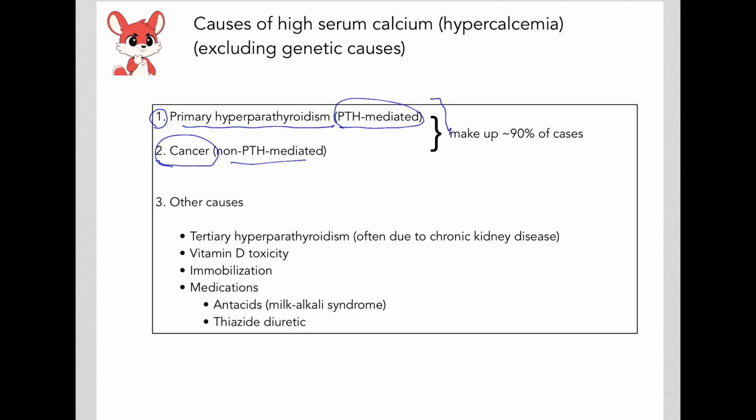These two causes make up about 90% of all cases with hypercalcemia. The other causes of hypercalcemia include tertiary hyperparathyroidism, which is mostly due to chronic kidney disease, excess vitamin D, immobilization, as well as medications.